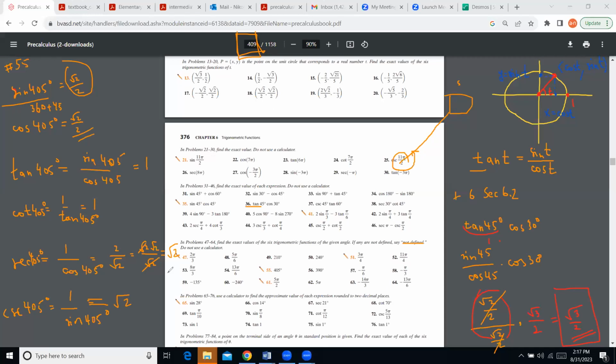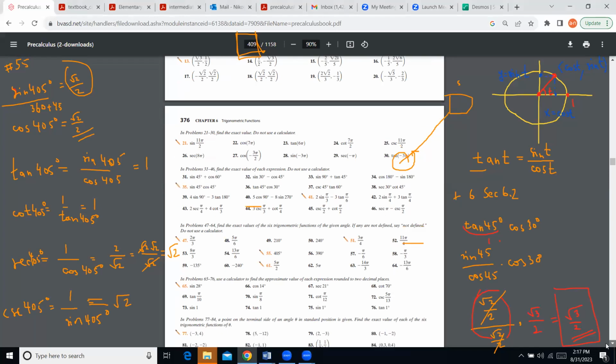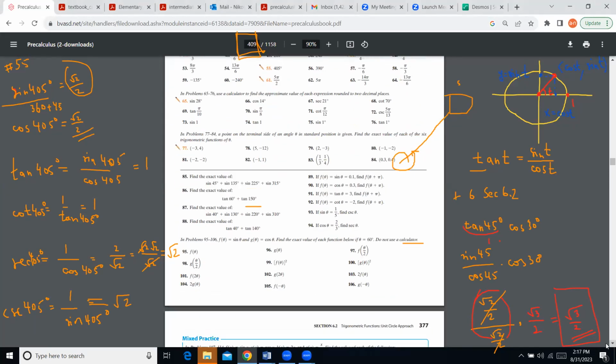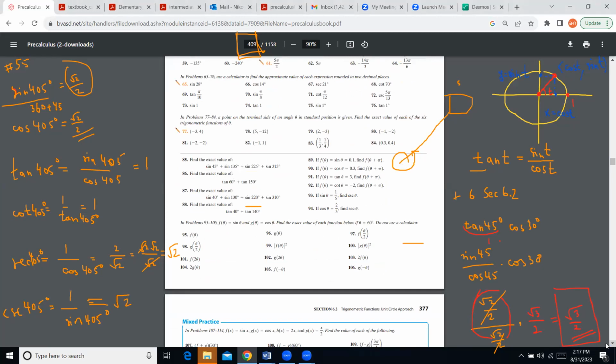So in this section, they just want you to get used to these tangents, cotangents, because there is really nothing special in those, and that's why I guess I'm gonna move on to the next part of the story here.